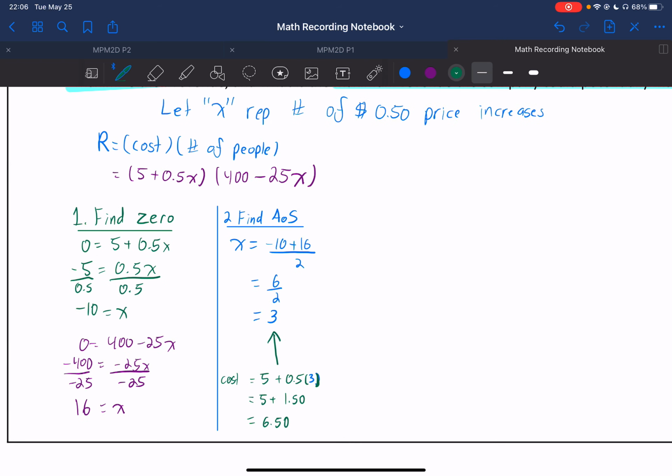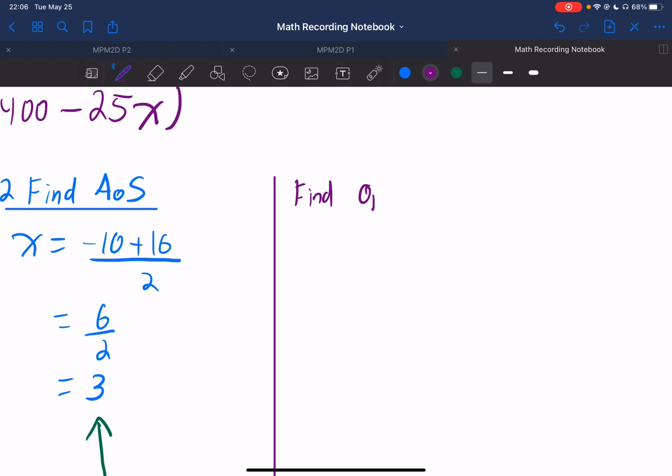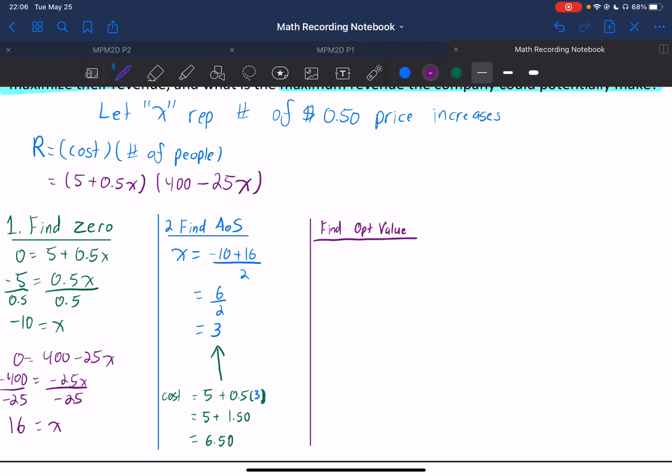Okay, so we found out our ticket price, but we don't know our maximum revenue amount. And how we're going to find that is by finding out our optimum value. And how we do that is by finding our R. And to do that, we're going to sub in our AOS into our equation.